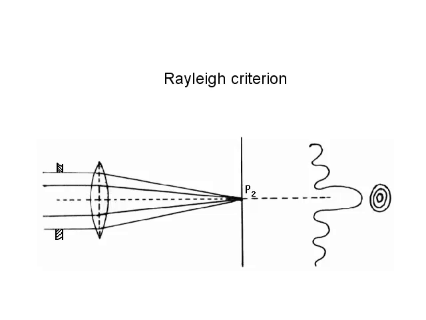The ability of an optical instrument to form distinct images of two objects very close to each other is called resolving power. Lord Rayleigh used the diffraction principle to obtain the value of maximum resolution of the optical instrument.